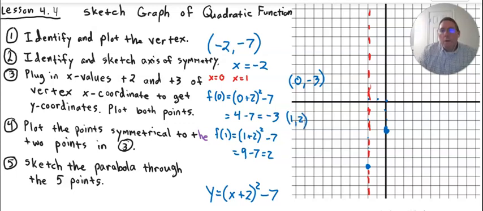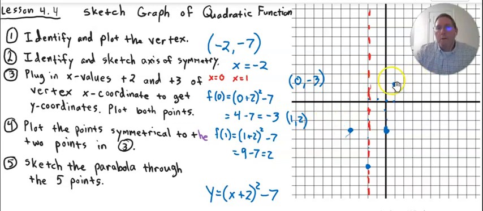All right, so from the origin, we'll go to here. That's 1, then 1, 2. There's our point right there, okay? All right, and now we're going to plot the points that are symmetrical to these 2 points. So from here, from 0, -3, we're going to go over 1, 2 to the axis of symmetry, and then 1, 2 more, and right here is where we're going to put our point of symmetry. Okay, right there. And then we're going to do the same thing up here.